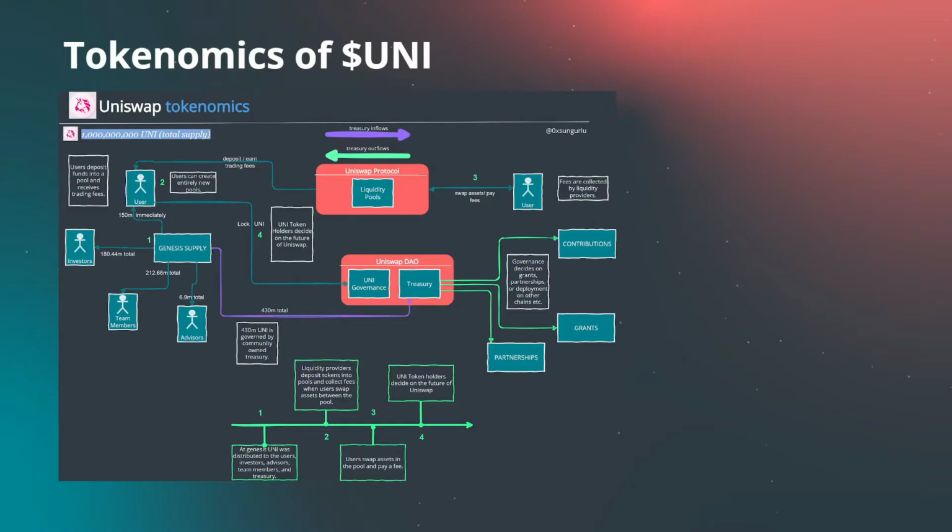You will earn just the trading fees from the swaps. The important thing to mention is that there is the Uniswap protocol, which allows users to swap assets and provide liquidity, and there is the Uniswap DAO, which is the heart of governance of Uniswap. The treasury is also governed by the community.